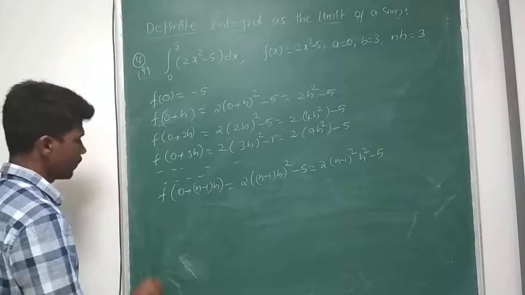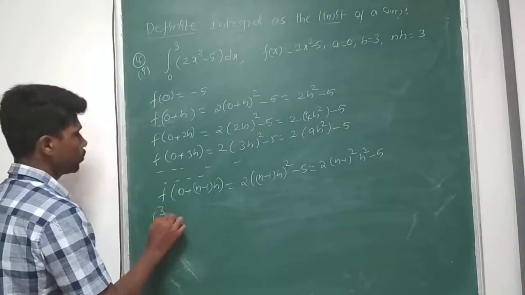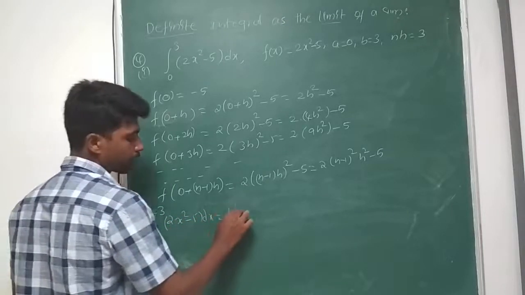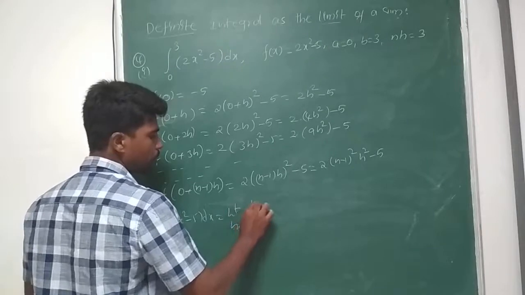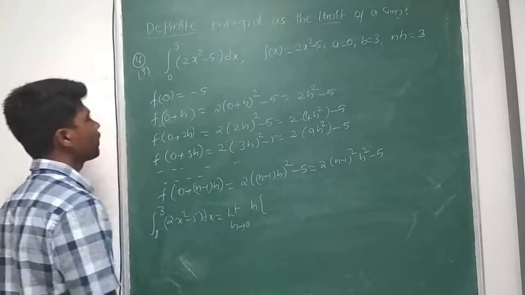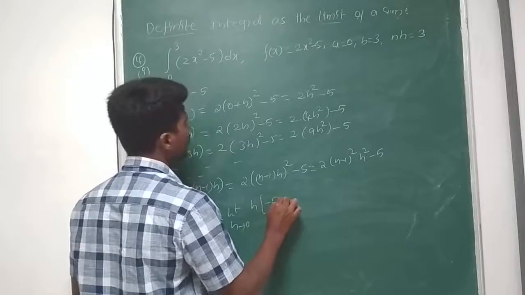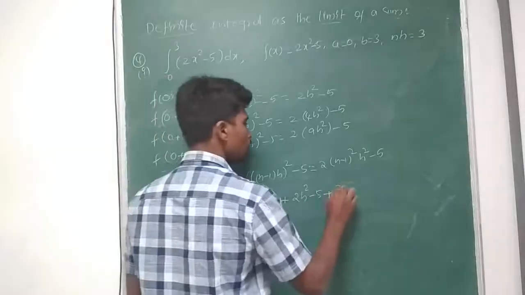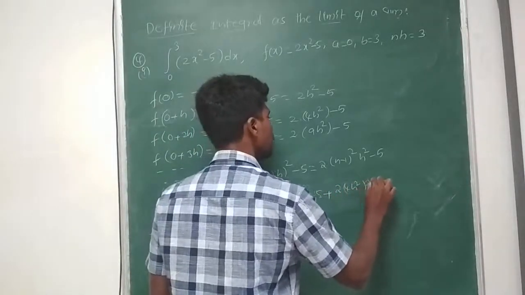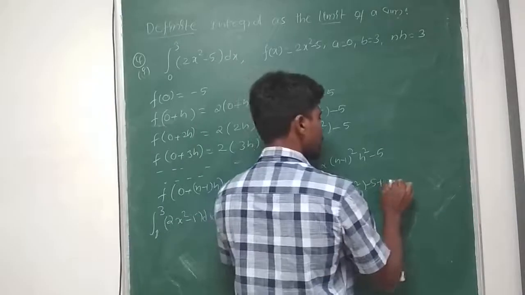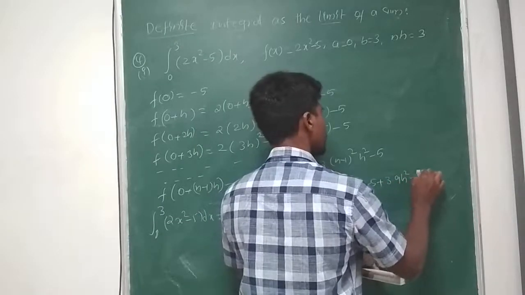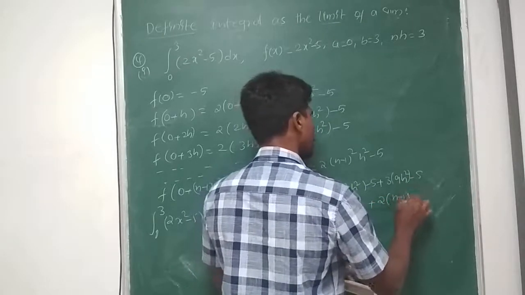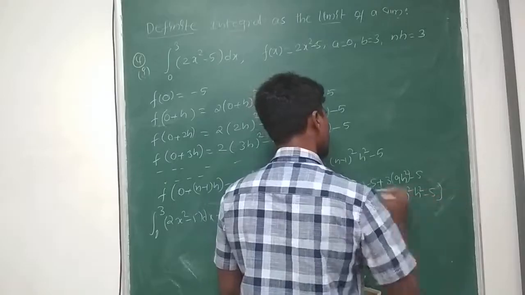Now evaluation. The integral from 0 to 3 of 2x square minus 5 dx is equal to limit h tending to 0, h into f of a, minus 5, plus 2h square minus 5, plus 2 into 4h square minus 5, plus 2 into 9h square minus 5, and so on, plus 2 into n minus 1 whole square into h square minus 5.